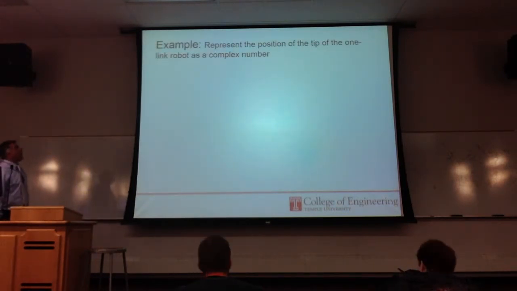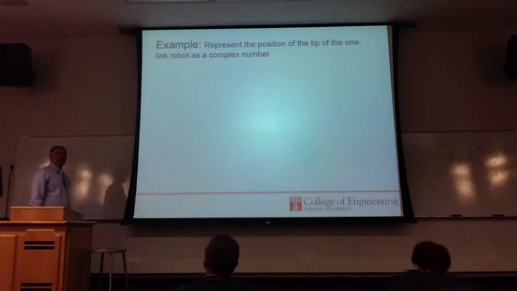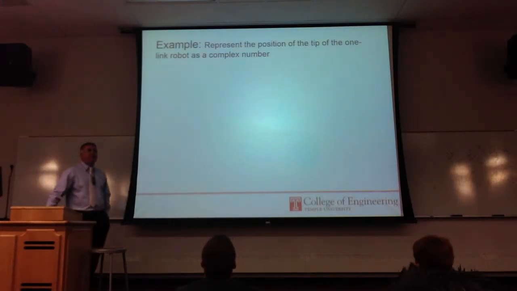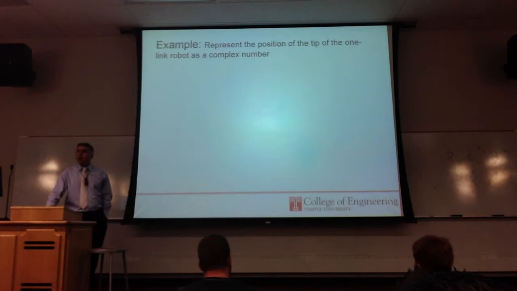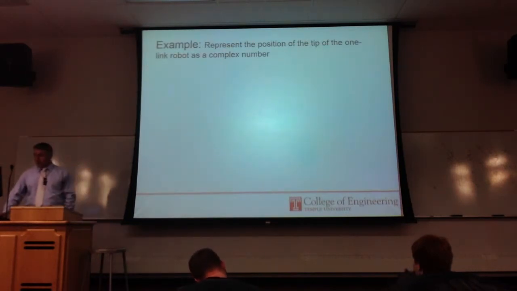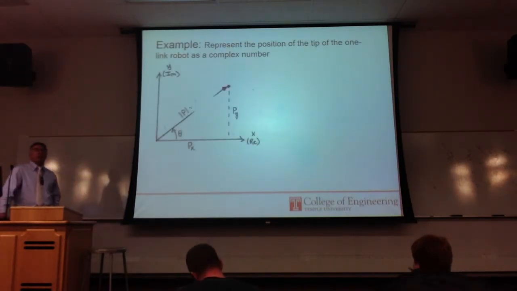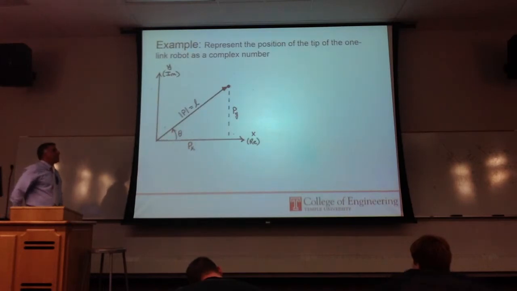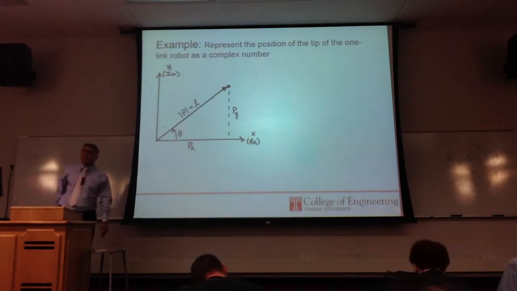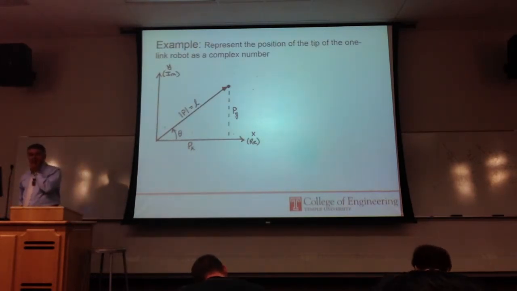A one-link robot. I think you're beginning to get sick of this thing, right? Again, the same thing, a one-link robot that we have, and we want to look at the position of that one-link robot. So far, we have learned so many things.